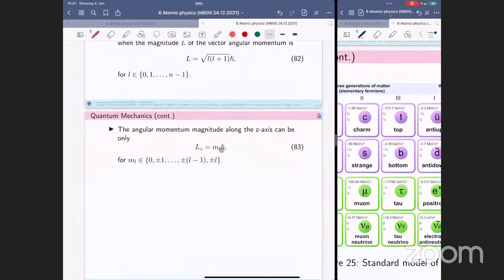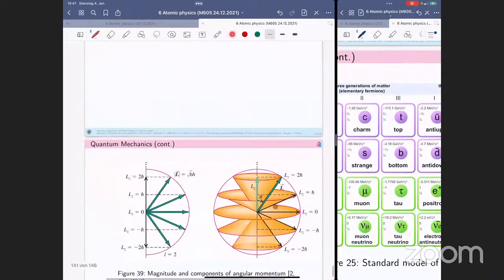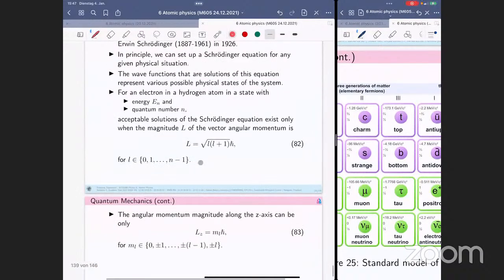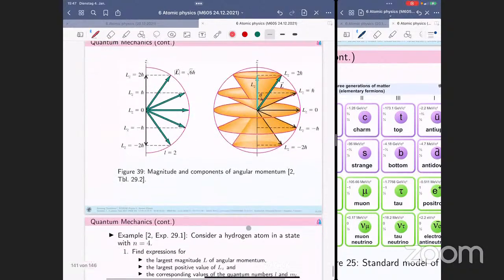You just multiply h slash by the value of ml, and you get the value of the angular momentum magnitude along the z-axis. And here is the vector angular momentum magnitude L. This is also the Lz vector, and these are the magnitudes: 2h slash, h slash, 0, minus h slash, minus 2h slash.